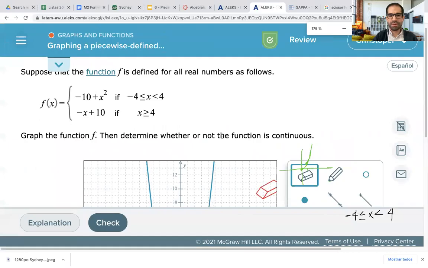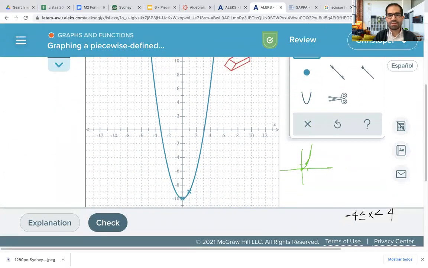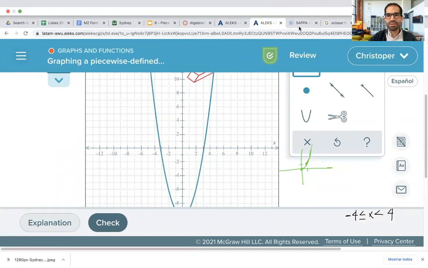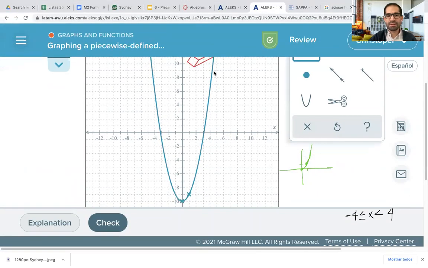I just want to zoom in a bit. So if you zoom in into your function, this is what you have to think of. This is 4. So basically we're given a limiting value here at 4. And this is -4.